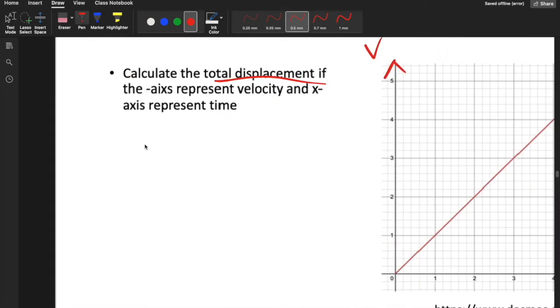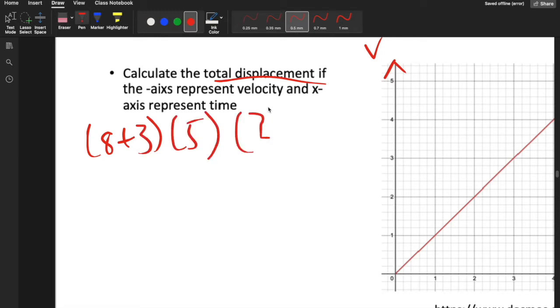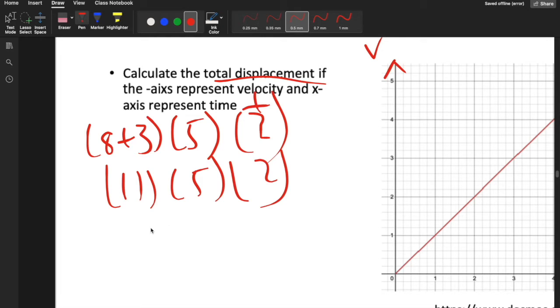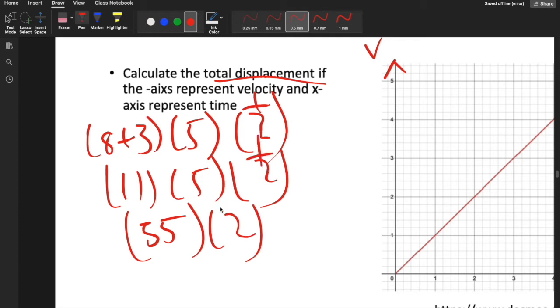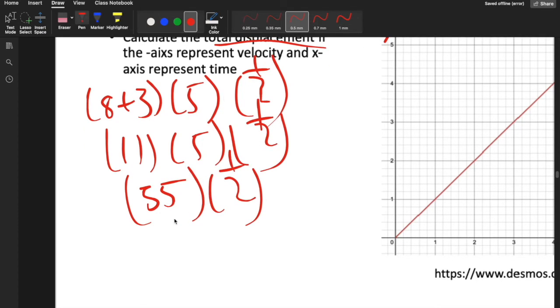So the area will be 8 plus 3 times 5 divided by 2, which is equal to 11 times 5 divided by 2. Actually times 1/2, I'm sorry. Which is equal to 27.5, I think.